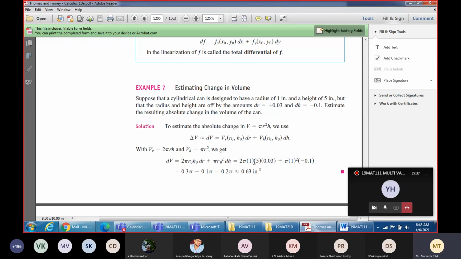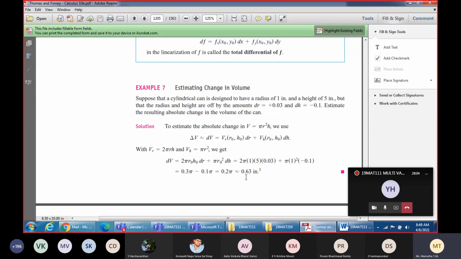So you get 2π into r into h, 1 into 5, and dr value is given 0.03, you substitute. Then plus ∂V/∂h is πr², so substitute π into r value 1, 1 squared, into minus 0.1. So you get the absolute change in the volume of the function as 0.63.